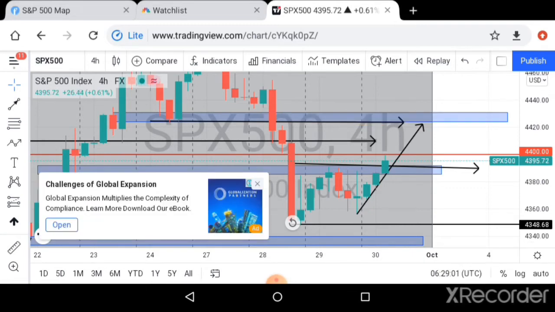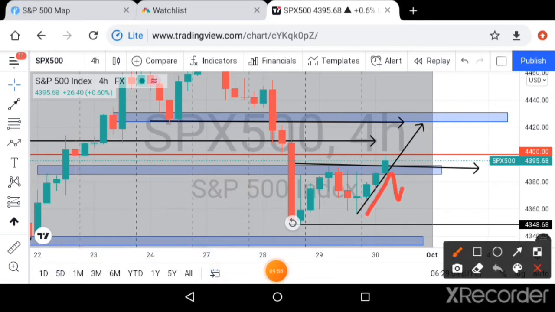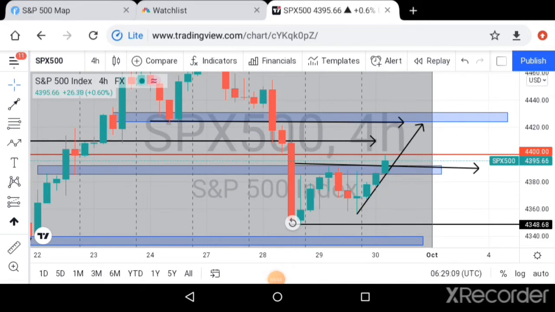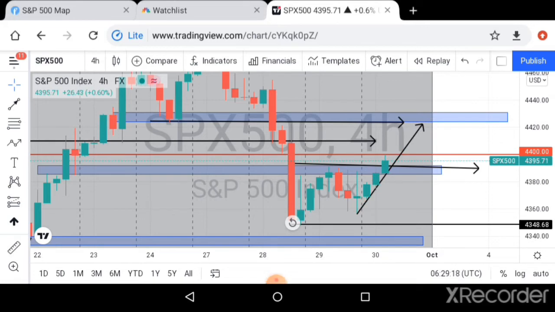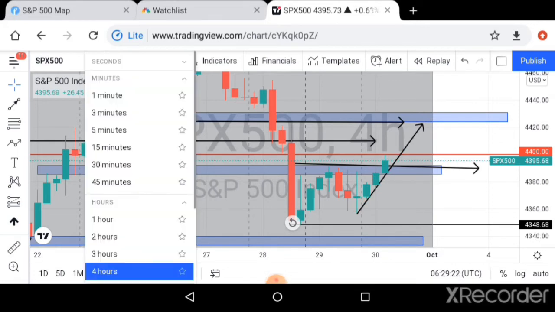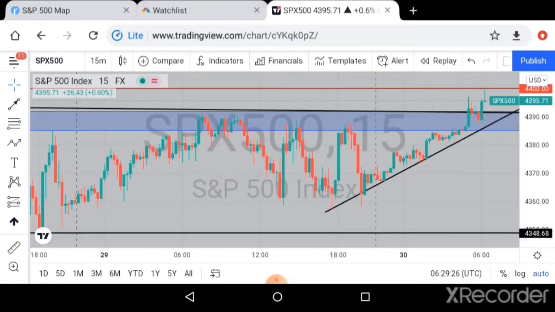But what market will do now, going up, you will see something like up, pullback, up, pullback, up, pullback. Let's go on a small time frame and see. Our focus is on this move, but now we'll have to play around the 15-minute time frame so that we find our entries around those levels.